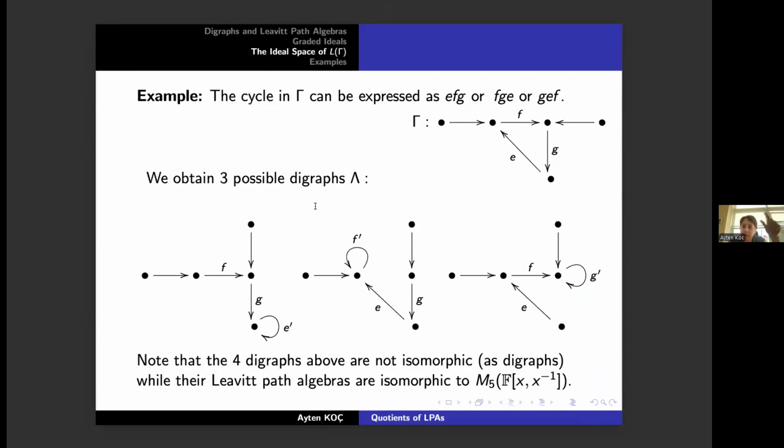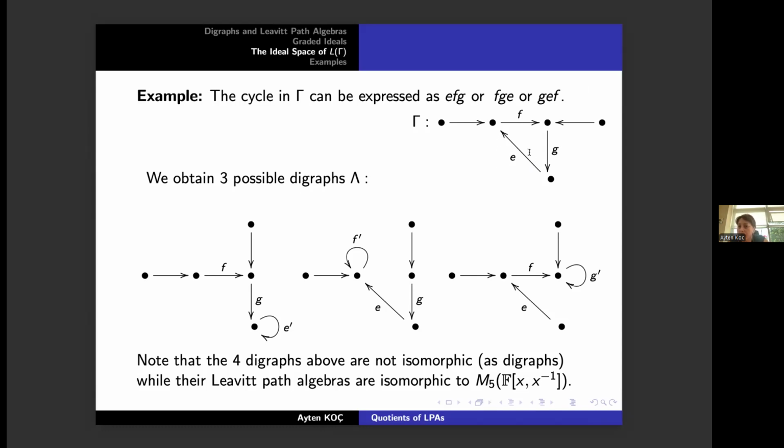For example, to illustrate this lemma, let's consider this digraph. This digraph has only one cycle. EFG or FGE is the same cycle, and we obtain three possible digraphs lambda. Take this cycle EFG, with initial arrow E, cut this cycle at the target of the initial arrow, at this vertex.